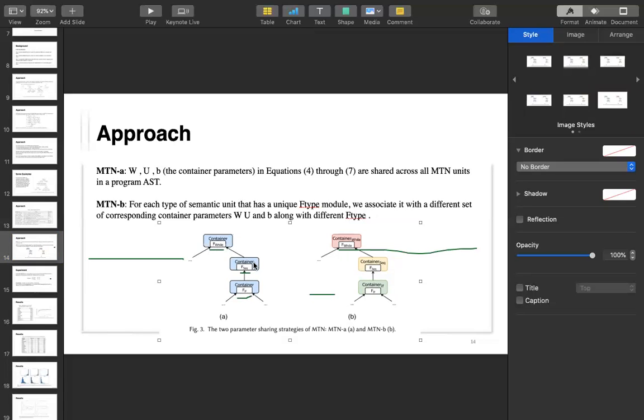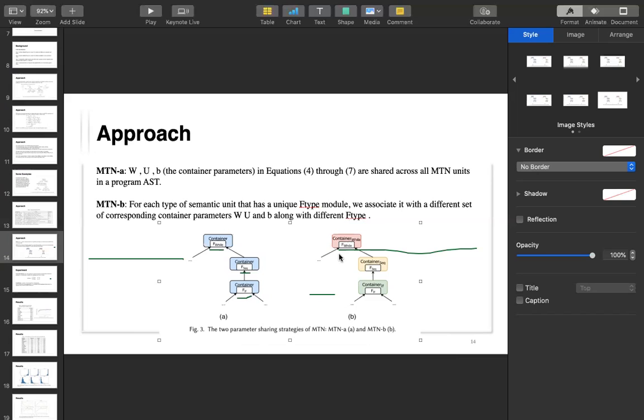These are designed for different AST units, but the container, which is the LSTM, is the same, so they share the same parameters for this container. But for the graph on the right, the container also has different parameters to be trained. But the container is still an AST node, right?